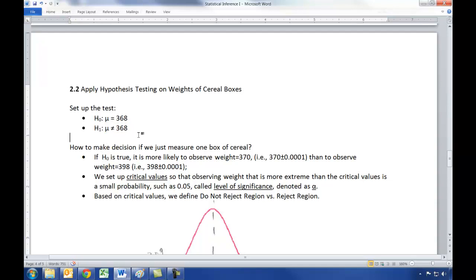But unlike the number of legs of a cat, which is a discrete value, the weight of a cereal box is actually a continuous variable. So in theory, it could take any value on a large interval. So how do we make a decision to either reject or not reject the null hypothesis based on, say, just measuring one box of cereal?